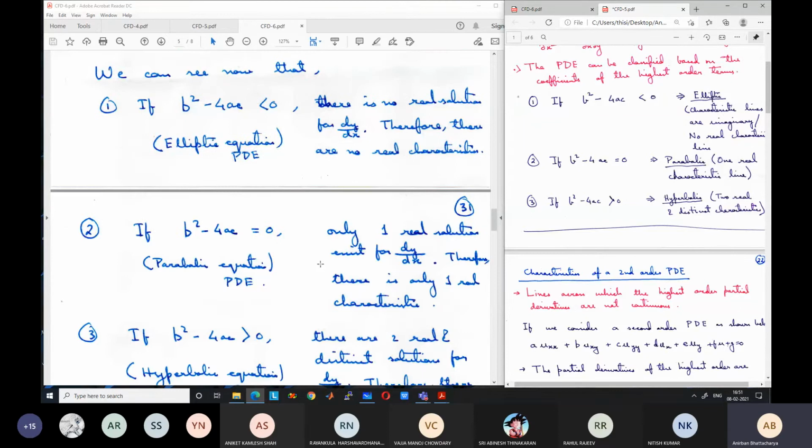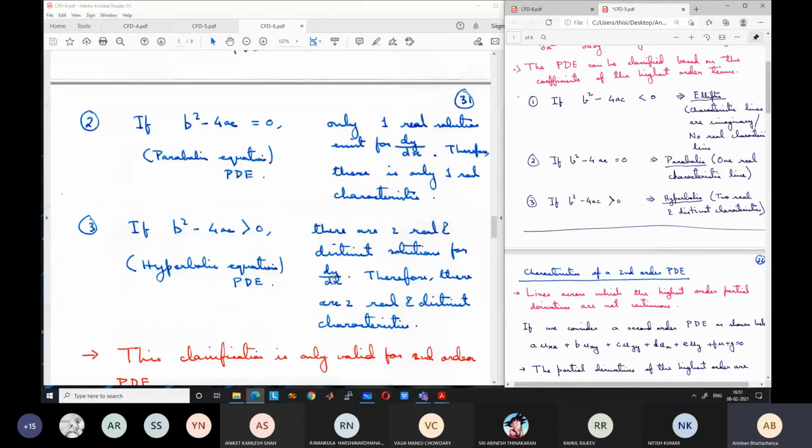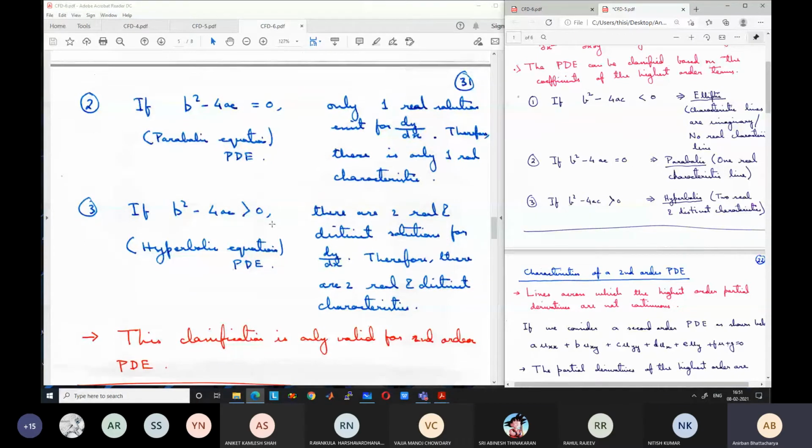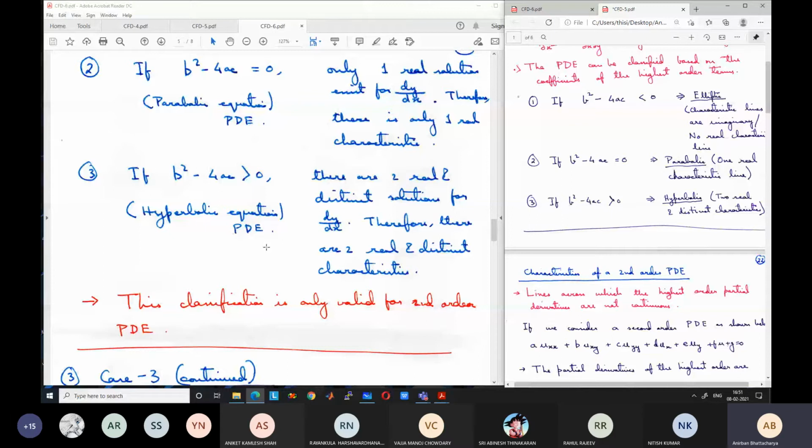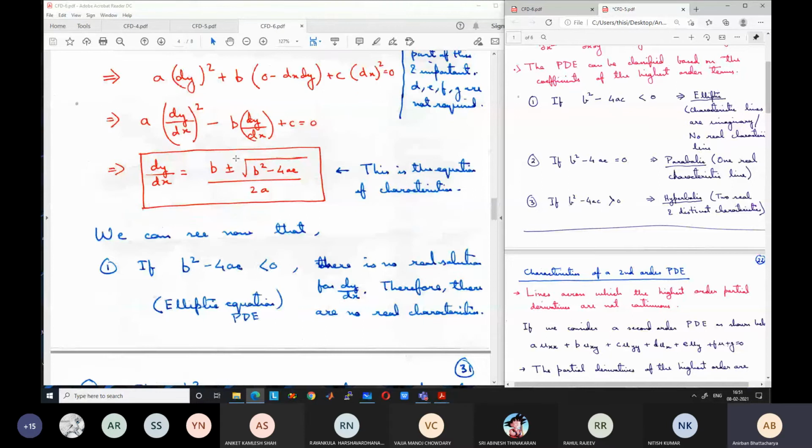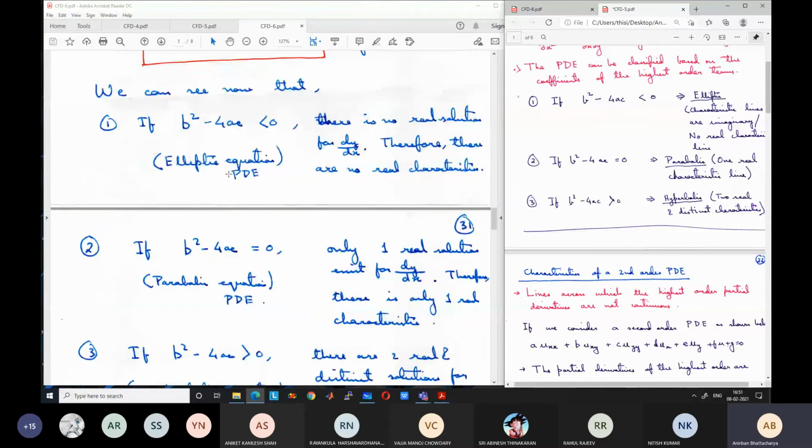Just before ending this part, I would like to emphasize that whatever we have discussed in deriving this characteristic is valid for second order PDE.